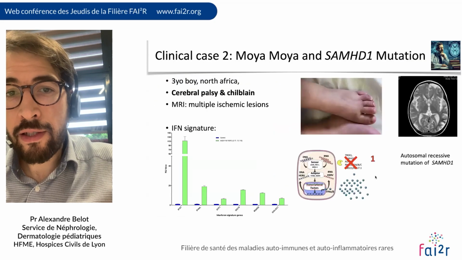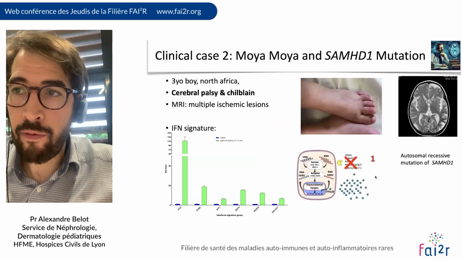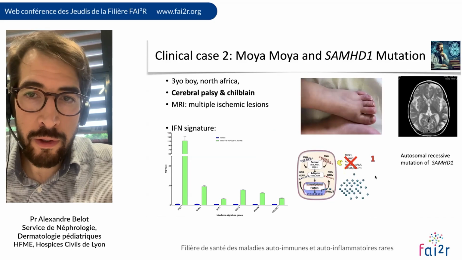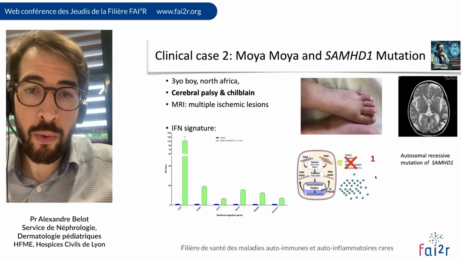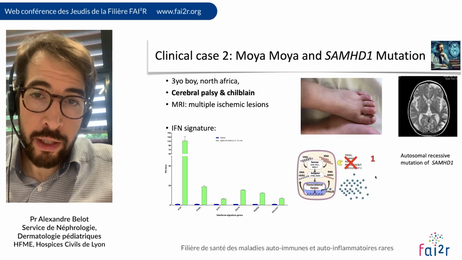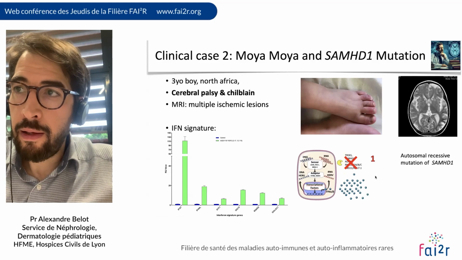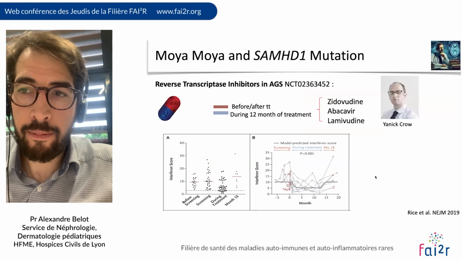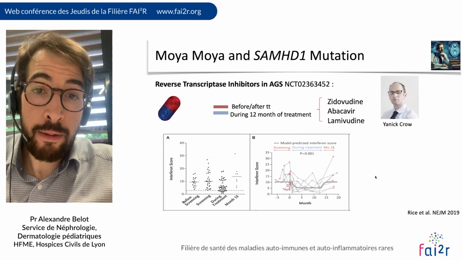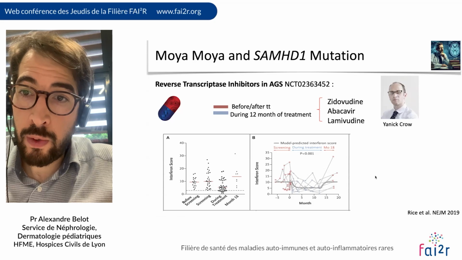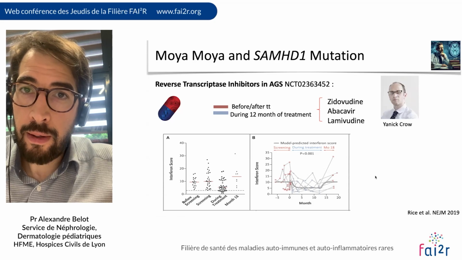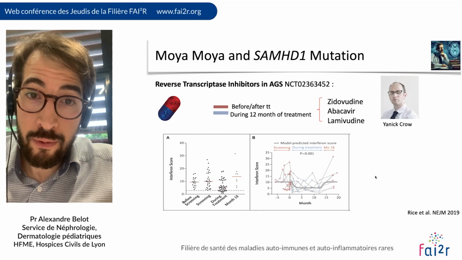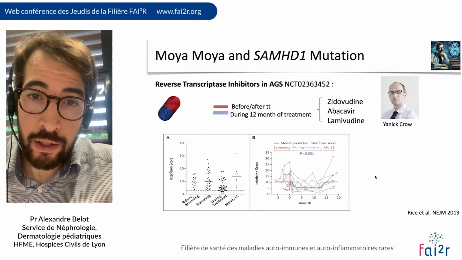And here is an illustration of a clinical case that developed Aicardi-Goutières syndrome, a childhood neuroinflammatory disease due to some HD1 mutation. The interferon signature was positive. In a clinical trial set up by Yanick Crow, 8 patients with this genotype were treated with reverse transcriptase inhibitors, exactly the same treatment we use for HIV infection.